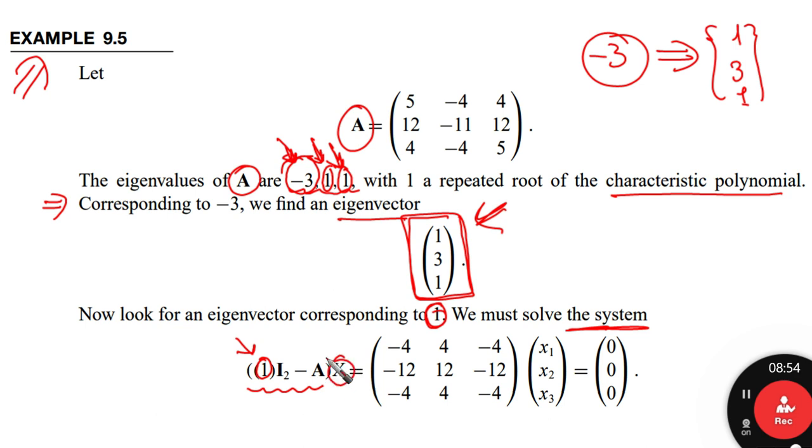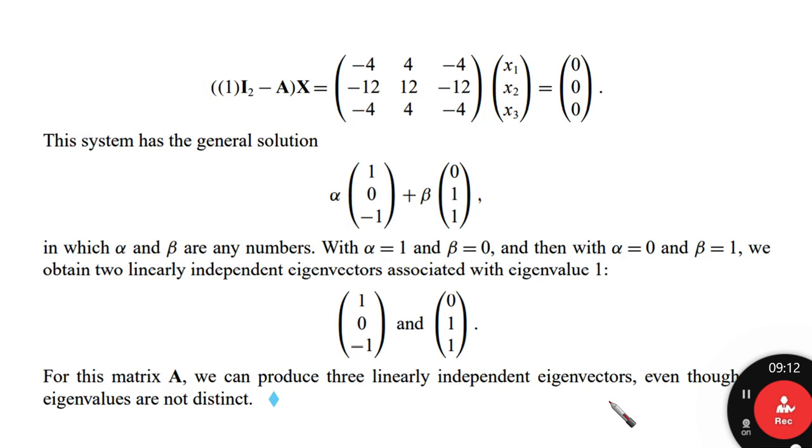The system has x1, x2, and x3 as unknowns, and this is our coefficient matrix, equal to the vector of zeros. If we solve it, we are going to find that this system has the general solution, please check it also: alpha times the vector 1, 0, -1 plus beta times 0, 1, 1, in which alpha and beta are any numbers.